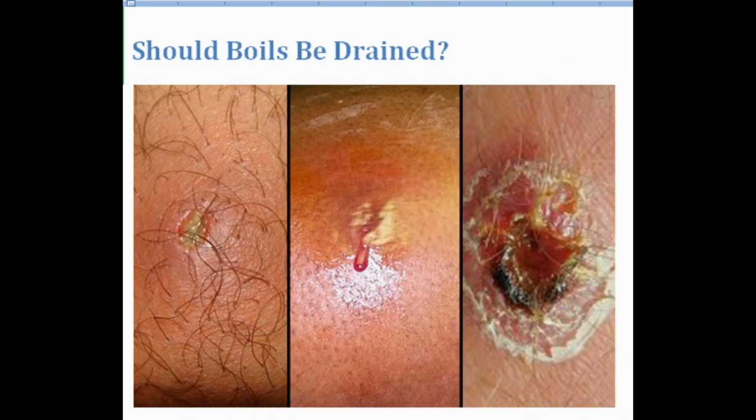Should boils be drained? As long as the boil is small and firm, opening the area and draining the boil is not helpful, even if the area is painful. However, once the boil becomes soft or forms a head, that is, a small pustule is noted in the boil, it can be ready to drain. Once drained, pain relief can be dramatic.